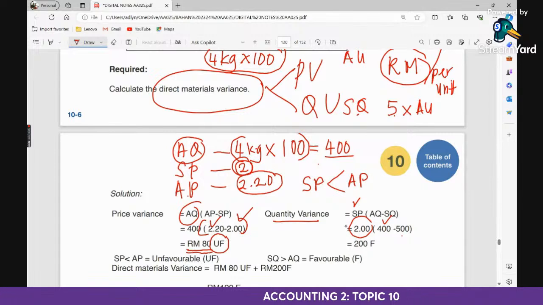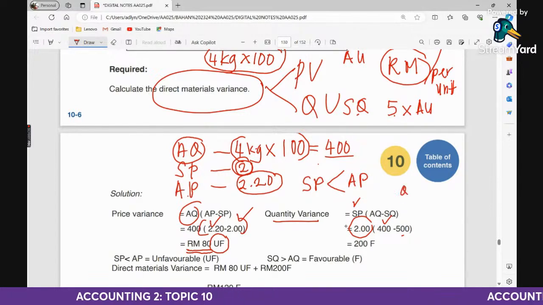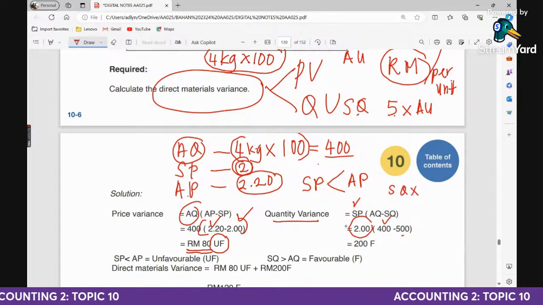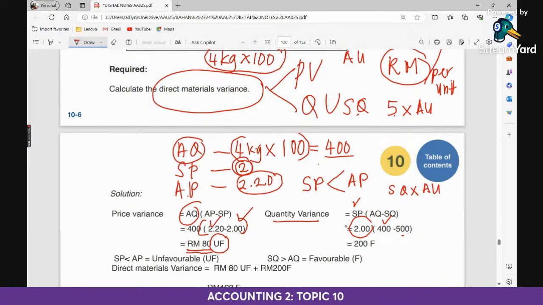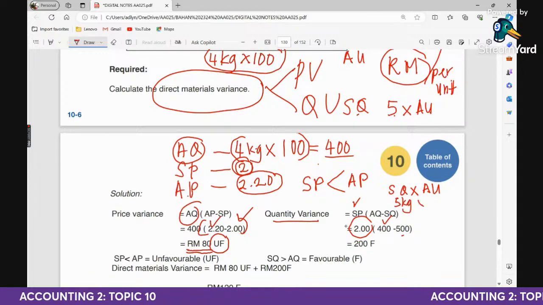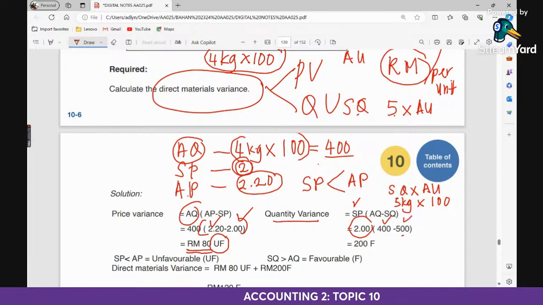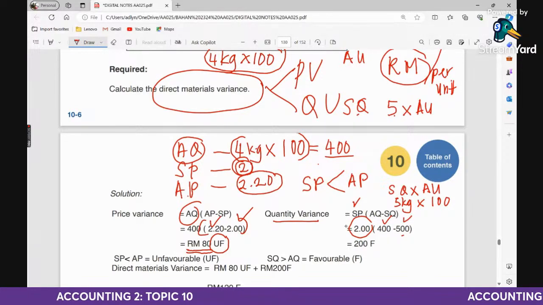Di mana dapat 500 ni? 500 ni ialah SQ per unit darab actual unit produced. So your standard quantity tadi ialah 5 kg, actual unit produced ialah 100. Sebab tu kita dapat 500 kg. Okay, so you kira, you darab, you akan dapat 200.